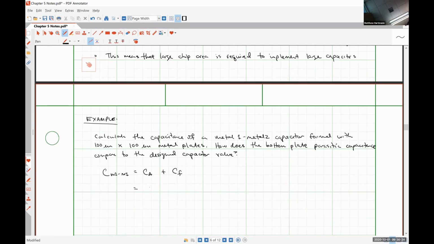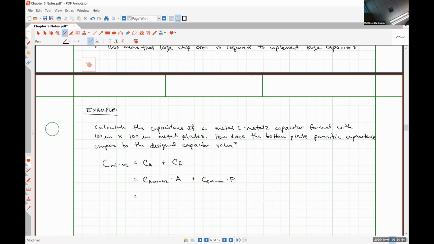we're going to have the area coefficient between metal 1 and metal 2 multiplied by the plate area plus the fringe coefficient between metal 1 and metal 2 multiplied by the perimeter.